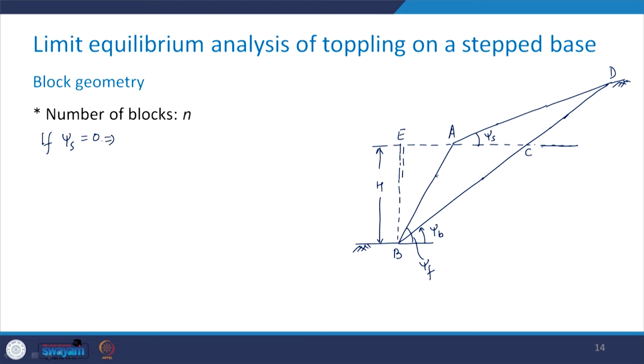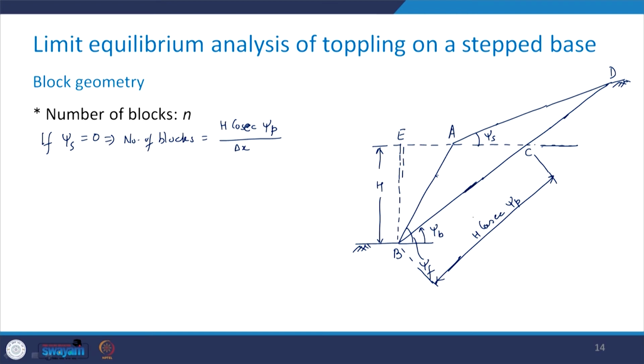Then in this case, the number of blocks would have been H cosec psi p divided by delta x, and I am assuming that for each block this delta x is going to be the same, because you see that this distance would have been H cosec psi p and delta x was the dimension along this basal plane.